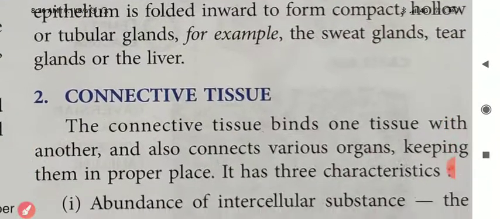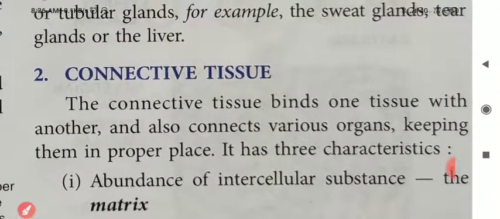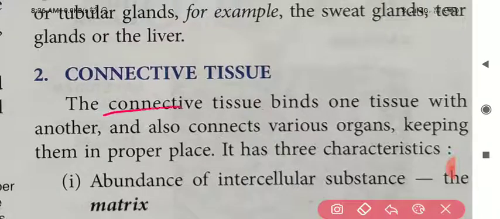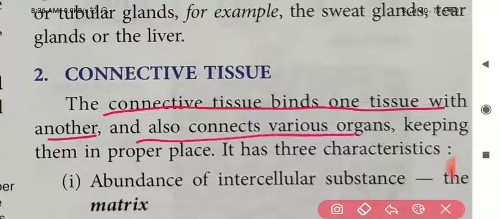Now we shall discuss connective tissue. Connective tissue is used to bind one tissue with another and also connects various organs, keeping them in proper place. It has three main characteristics.